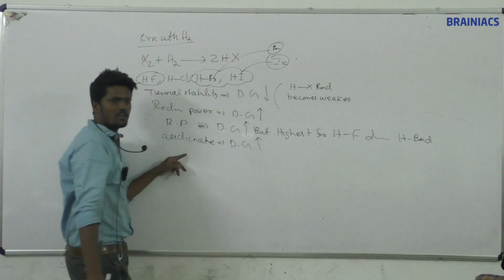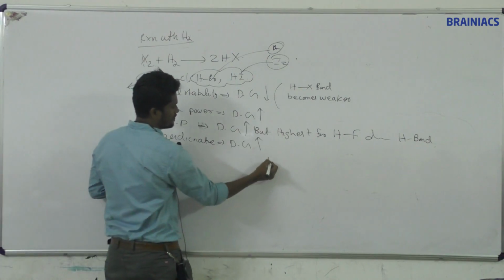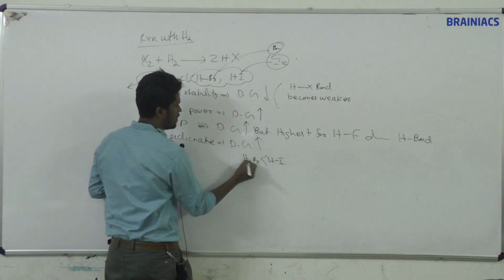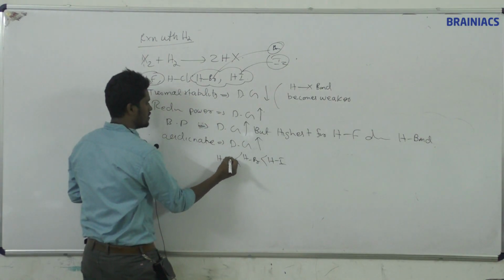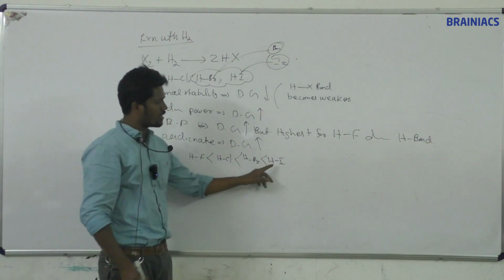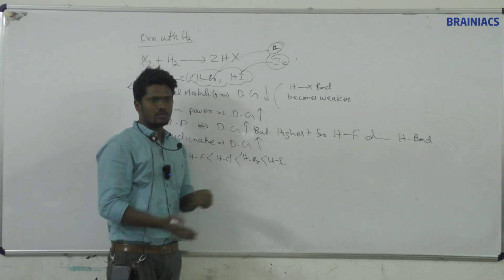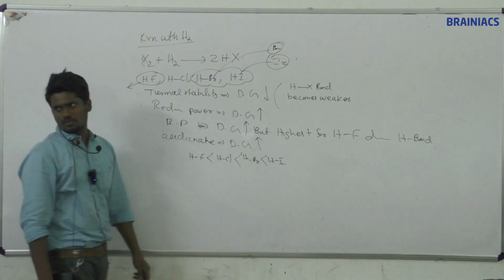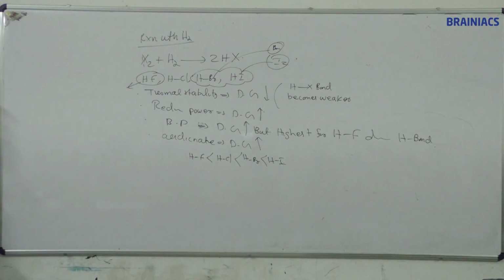So which is more acidic here? HI, HBr, HCl and HF. Which has the weaker H bond? HI. Which gives H plus easily in aqueous solution? HI. So it is more acidic. Basic nature decreases and acidic nature increases in the case of hydrides.